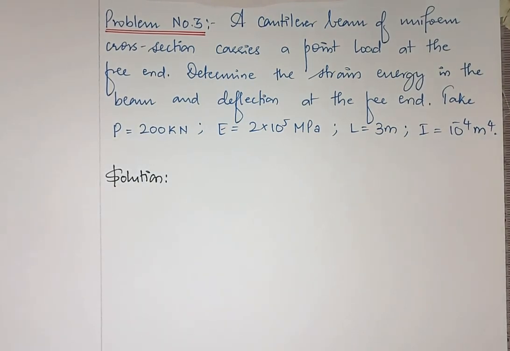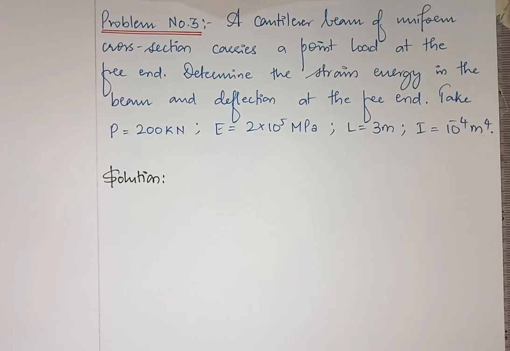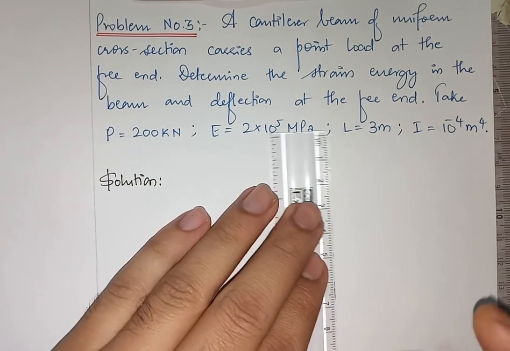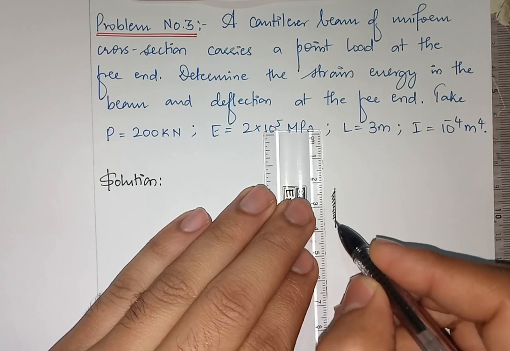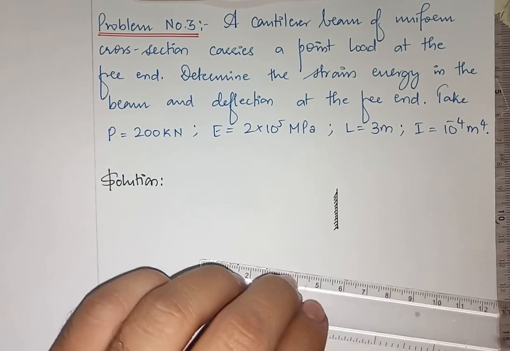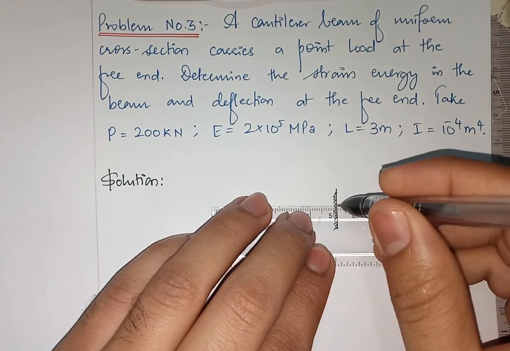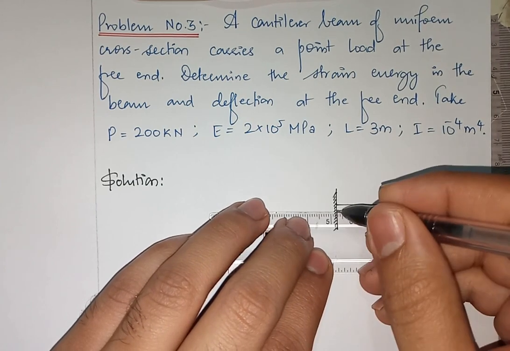So what he is trying to tell here is he is having a cantilever beam which is subjected to point load. So first let me draw a cantilever beam. Length is given to me, so need not worry about the length.